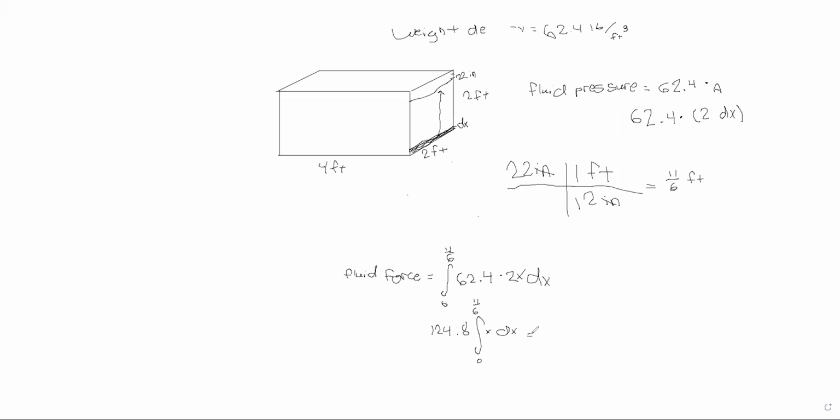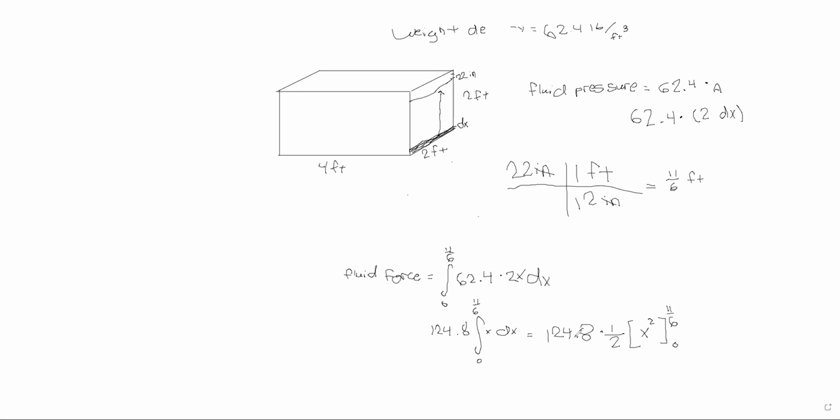So the antiderivative of x is just 1/2 x squared. One half x squared being evaluated from 0 to 11 over 6.